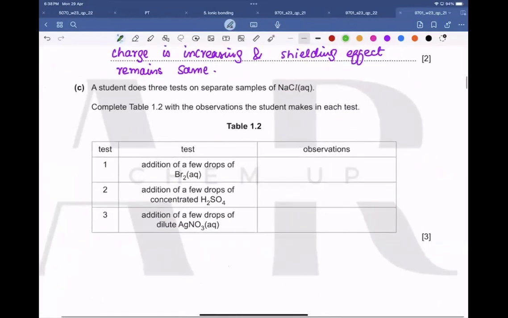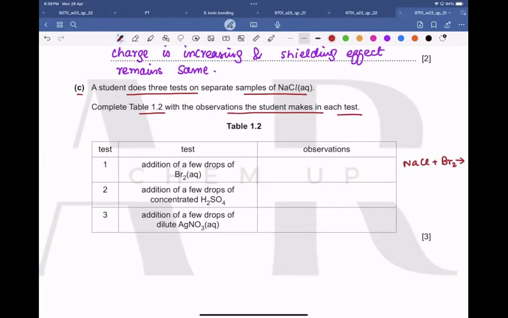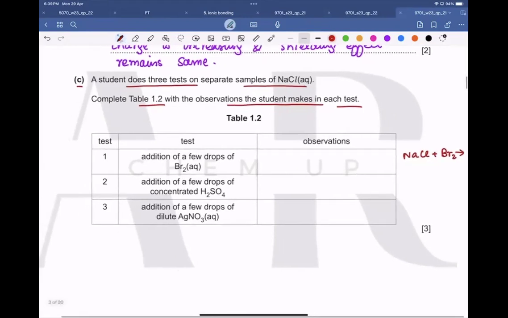Okay. Now, C part. A student does 3 tests on separate samples of aqueous sodium chloride. Complete table 1.2 with the observations the student makes in each test. So addition of bromine, it means that there is a reaction between sodium chloride and bromine. Does this reaction occur or not? Yes.